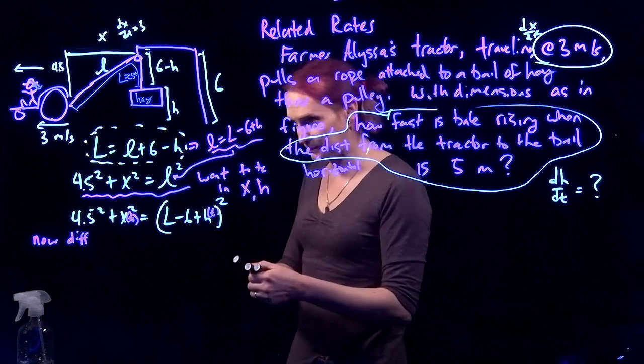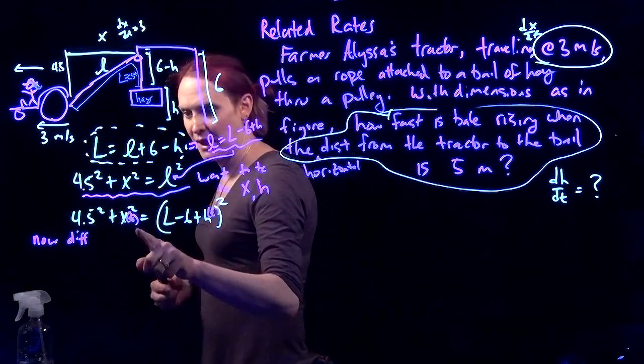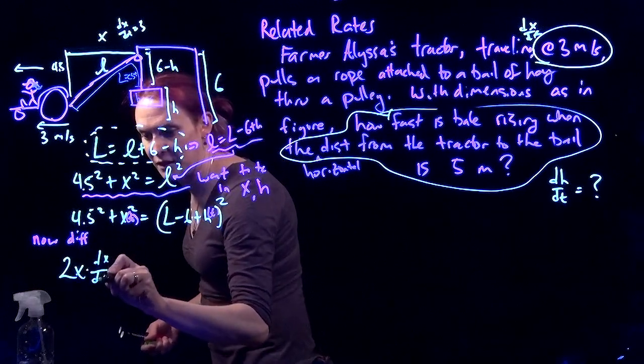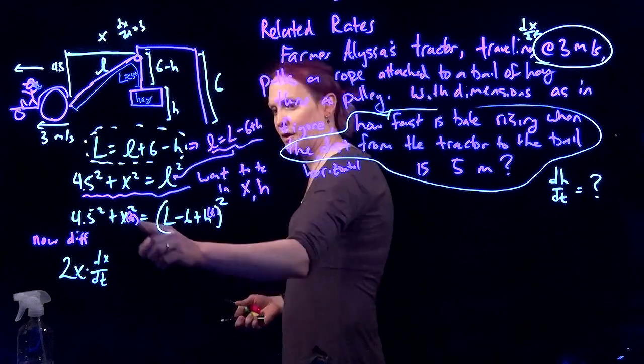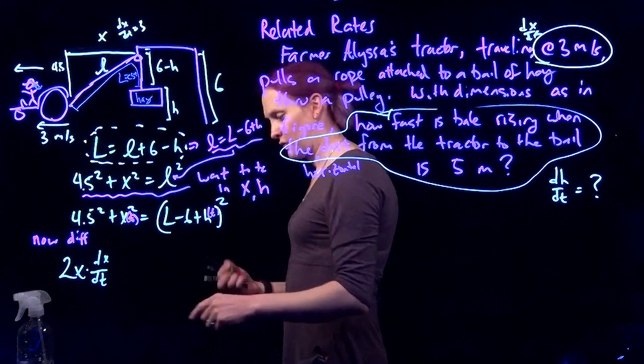So when I differentiate, 4.5 squared goes to 0. x squared is going to go to 2x times dx dt, because I've got a composition of functions, so I chain out the derivative.